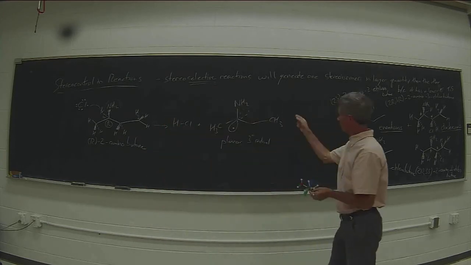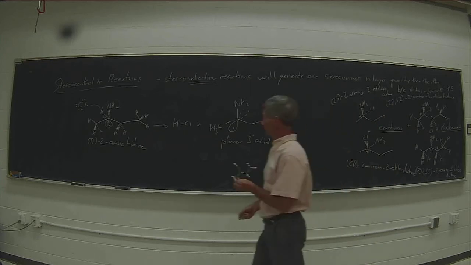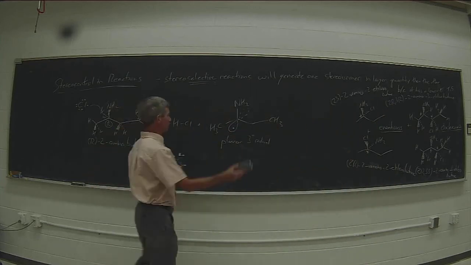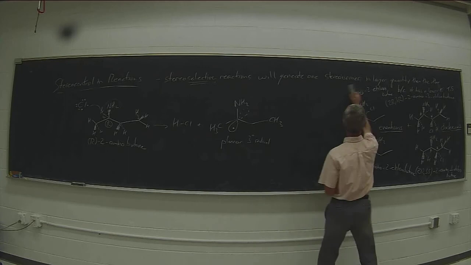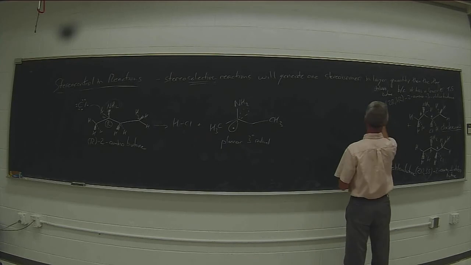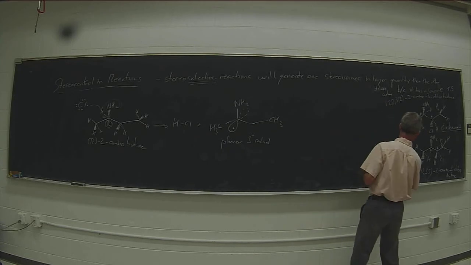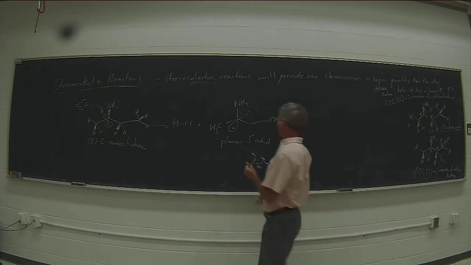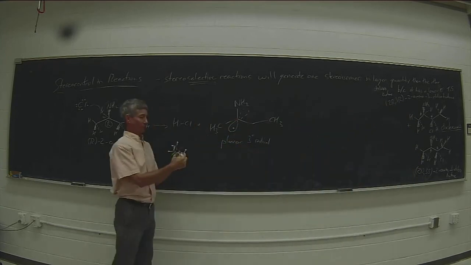So the best way to look at the transition states for this molecule will be to redraw this as a Newman projection, looking down the carbon 2 to carbon 3 bond.